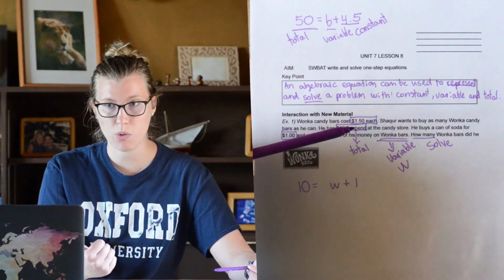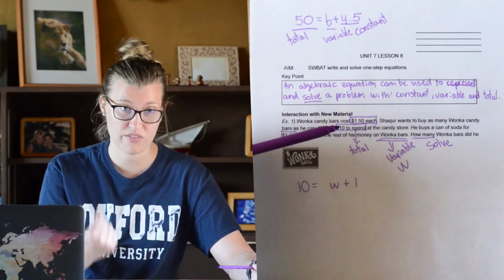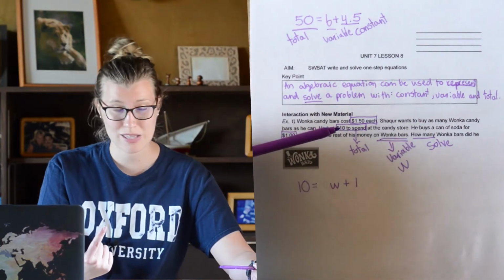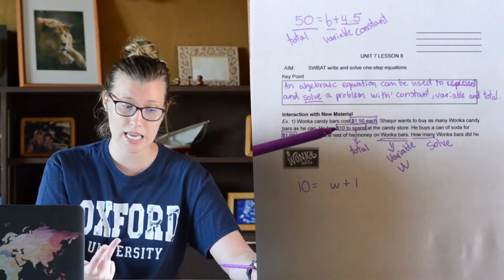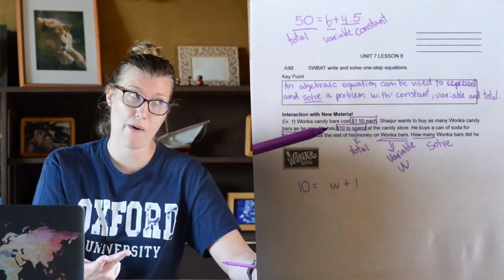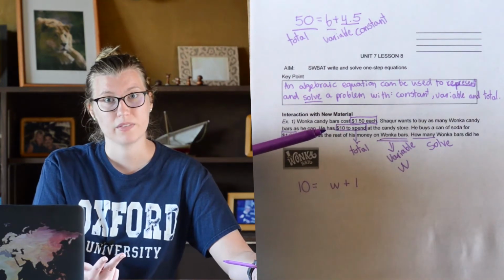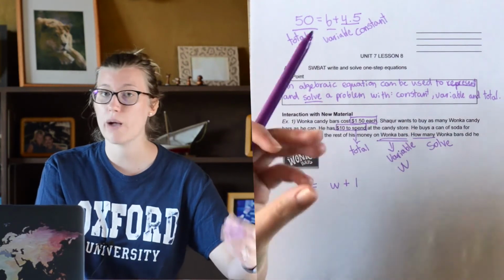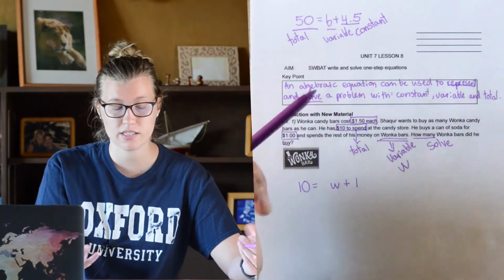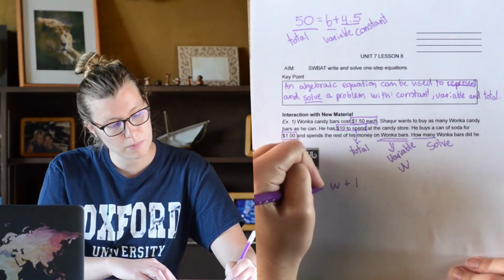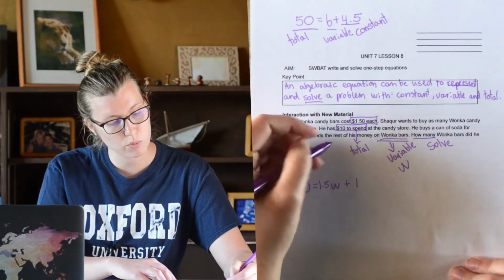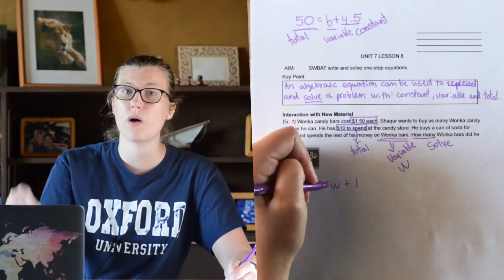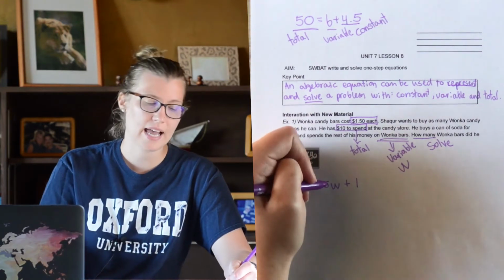So if he bought one Wonka bar, it would be $1.50. If he bought two, that would be $3. If he bought three, that would be, oh my goodness, $4.50. So what did I do each time? I multiplied the number of candy bars by however much it costs. So I'm going to have to multiply 1.5 times each Willy Wonka bar, and then add my soda.